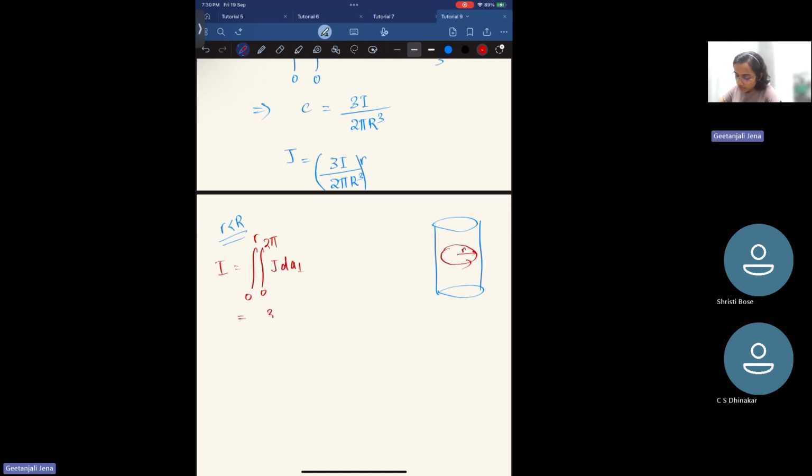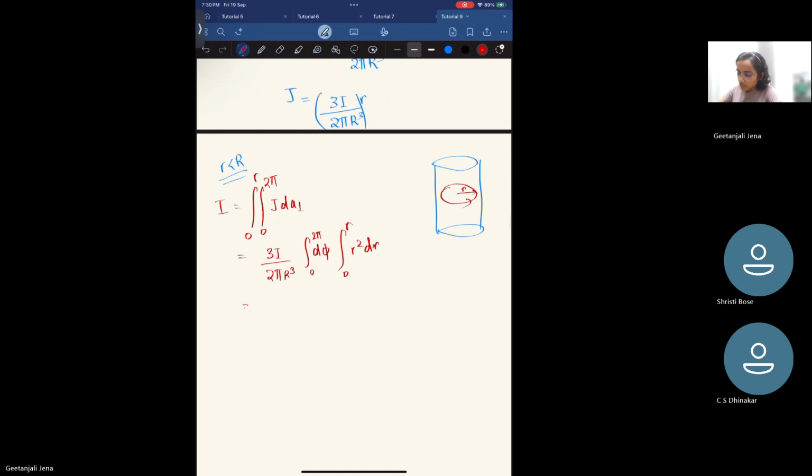So this gives 3I by 2 pi R cube, the d phi integration, and r square dr from 0 to r. So this is 3I by 2 pi R cube times 2 pi r cube by 3, which is I r cube by capital R cube.